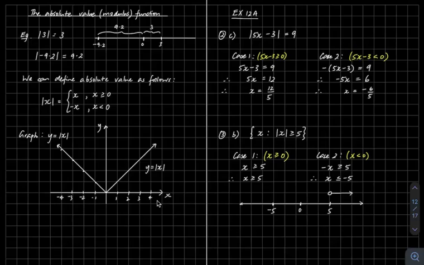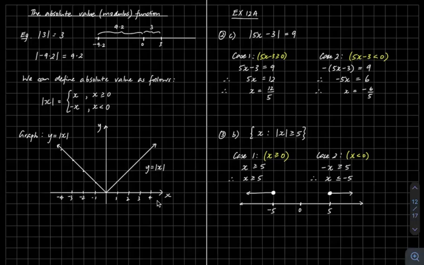So anything greater than or equal to 5 is going to be part of the solution set. Now, if it was just x greater than 5, I would leave that circle unshaded, as an open circle. But because the solution set includes 5, I need to colour that in just to show that 5 is also part of that. And then from case 2, we've got x is less than or equal to negative 5. So that's colouring that in because negative 5 is included. That's all of those values there.